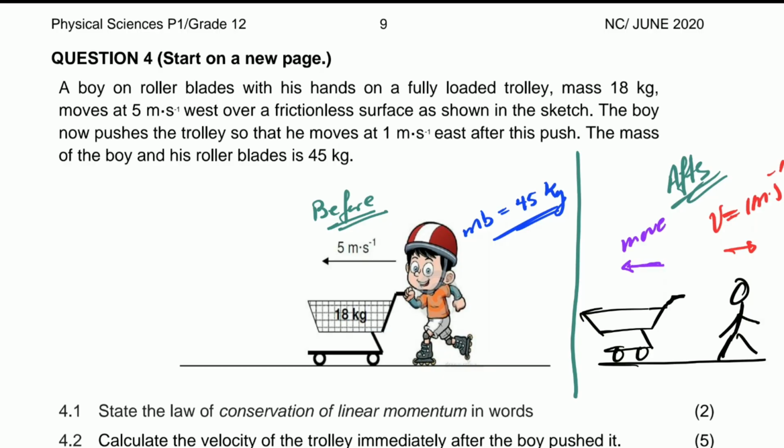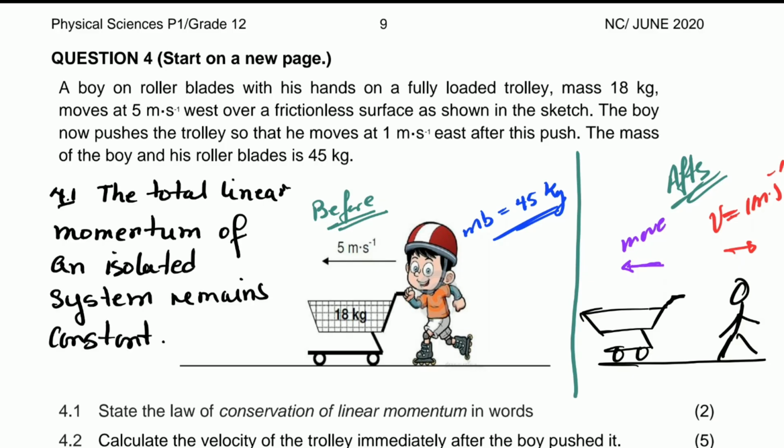Question 4.1: state the law of conservation of linear momentum in words. This law states that the total linear momentum of an isolated system remains constant. In other words, the total change in momentum, not mechanical energy, momentum, is equal to 0.